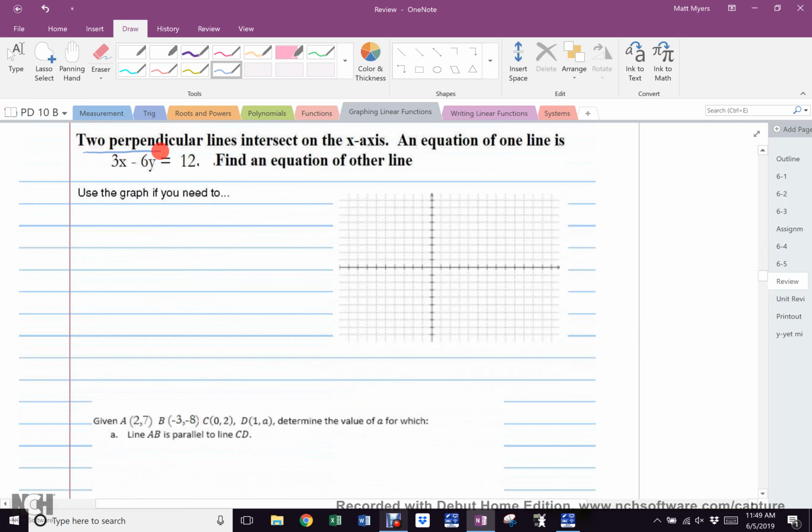2 perpendicular lines intersect on the x-axis, which means line 1 and line 2 have the same what? No, they're perpendicular.